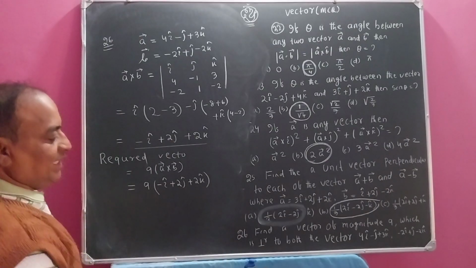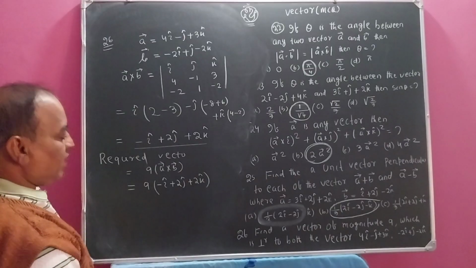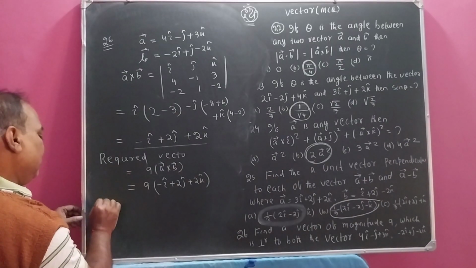If question is asking find a unit vector of magnitude 9, then you have to find out the cross. Write down unit vector.